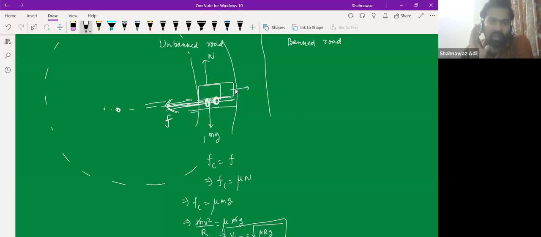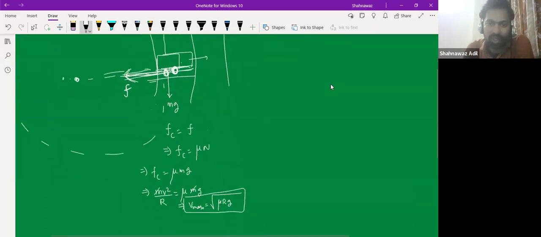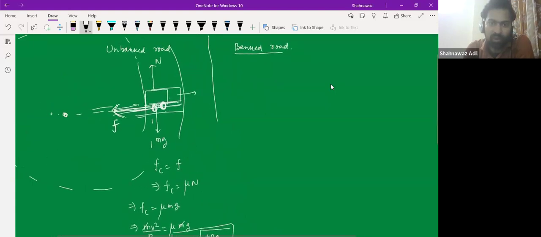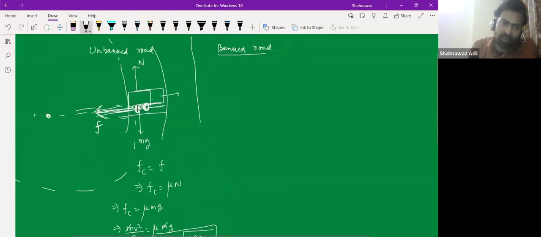Remember, in this question we will always take the axis as this one. Earlier, for the inclined plane, we were taking this axis, but now let us see which axis we take for the banked road. So now this road is banked with some angle.